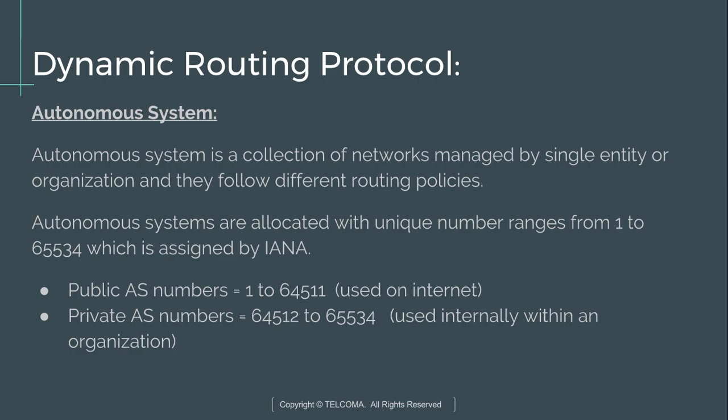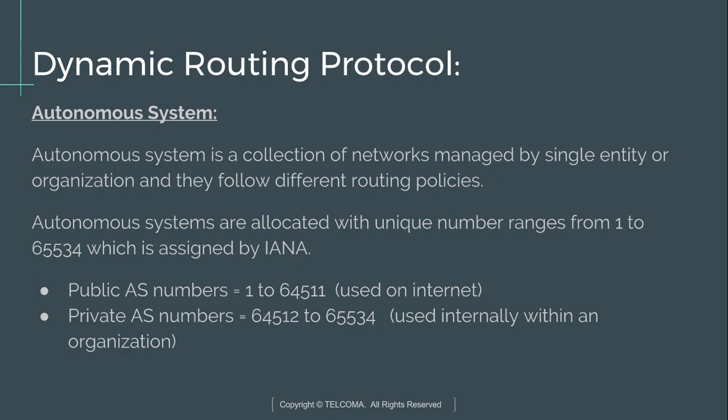The autonomous systems are allocated a unique number whose range lies between 1 to 65,534, which is assigned by the IANA, the Internet Assigned Numbers Authority. The public autonomous system numbers range from 1 to 64,511.